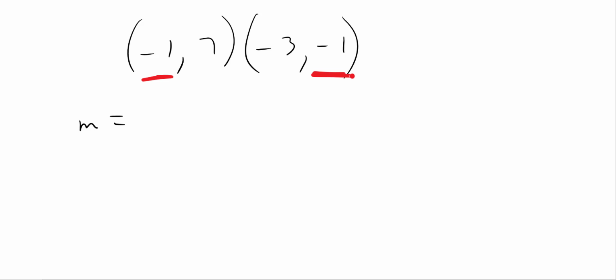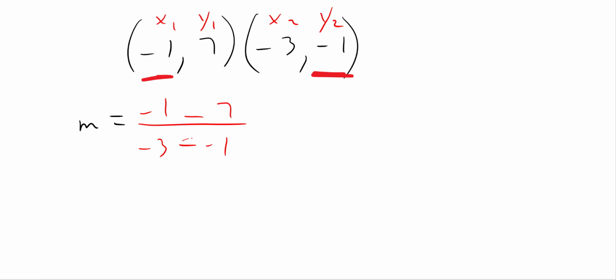Not the same. One's x and one's y. Okay, so we're going to label here x1, y1, x2, y2. So plug it in. -1 and 7. -3 and -1. So that gives you a plus down there. So -1 minus 7 is -8. And -3 plus 1 is -2. So my slope is 4.